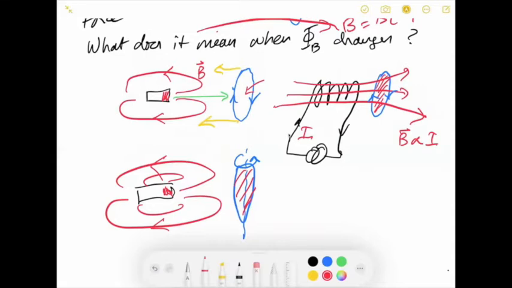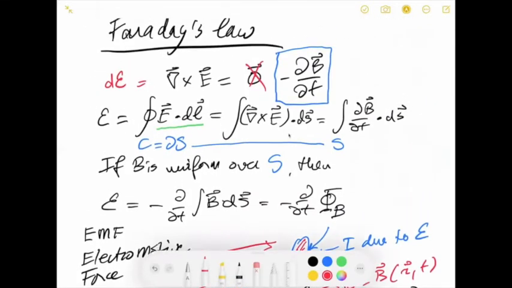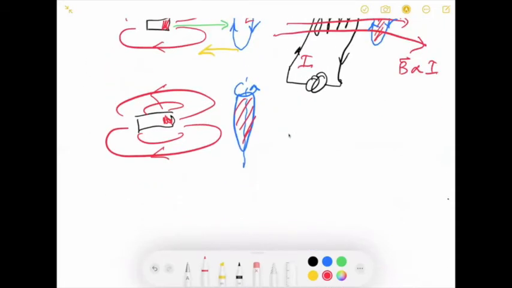But this formulation of Faraday's law only says something about dB/dt. Here we're not actually changing dB/dt, because we're doing this in a region where we could even assume that the field is uniform. The fact that this field varies as a function of position doesn't really matter. It's the field that is threading that loop that is inducing an EMF. And again, here you can say, well, that's easily explained by using the Lorentz force.